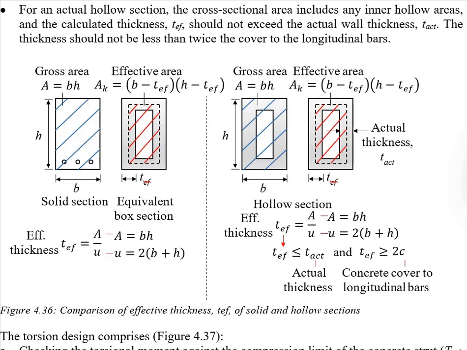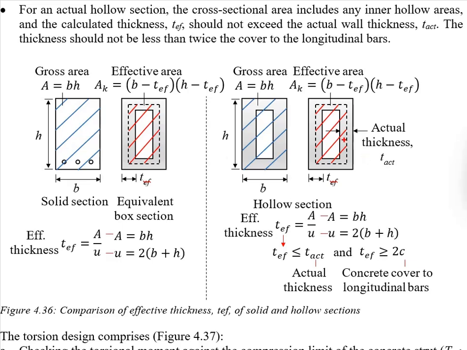Maybe I overlooked that. However, by solely looking at the formulas here, it is likely that you need to redesign the hollow section. Make sure your actual thickness shall be at least the effective thickness, not less than the effective thickness. You cannot simply take the actual thickness.